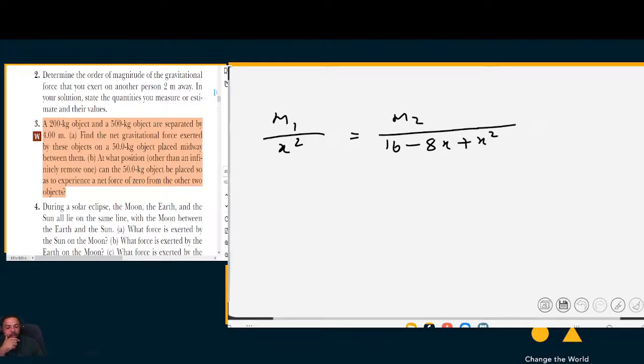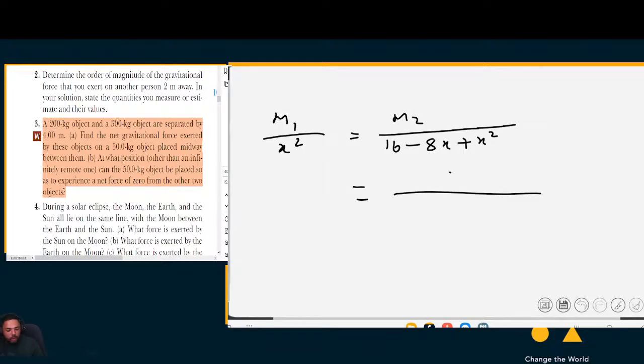So if you solve for it, you cross multiply, of course.